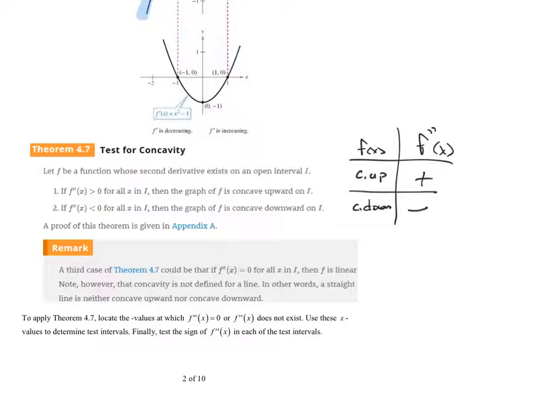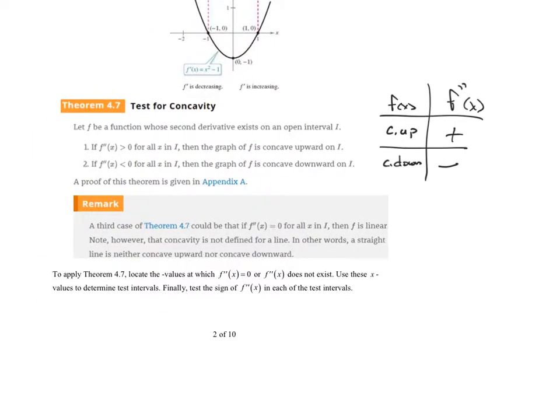It says a third case of the theorem could be that if f double prime of x equals 0 for all x, then f is linear. It says, however, that concavity is not defined for a line. In other words, a straight line is neither concave up nor concave down. So if you think about a line, it's straight, it's flat, its slope is consistent, right?